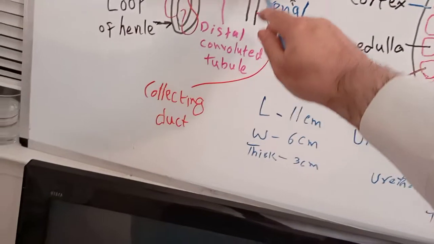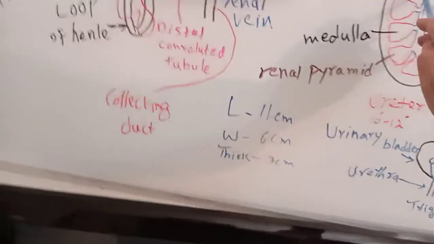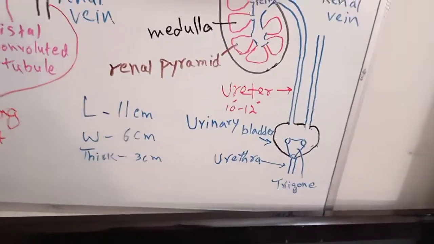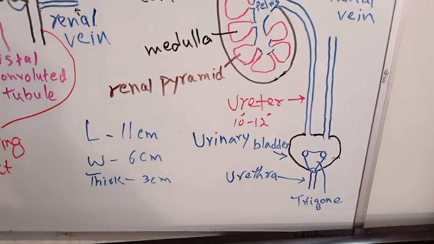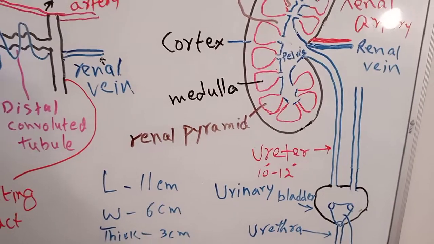So in the collecting ducts, urine is now in final form, and this dribbles down from here into the pelvis. So this is the process of formation of the urine, and these are the functions of the urinary system, and these are the functions of the nephron in particular. Thank you very much.